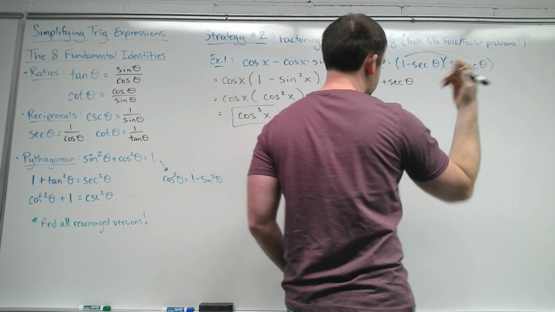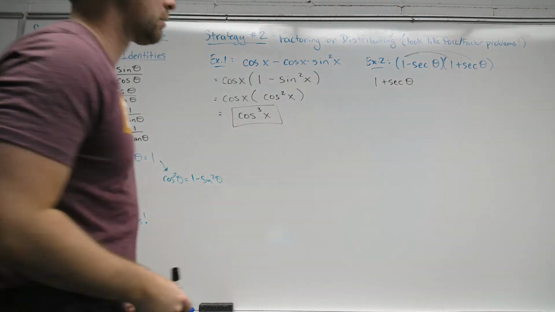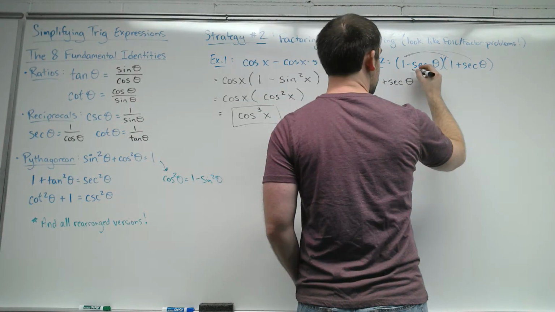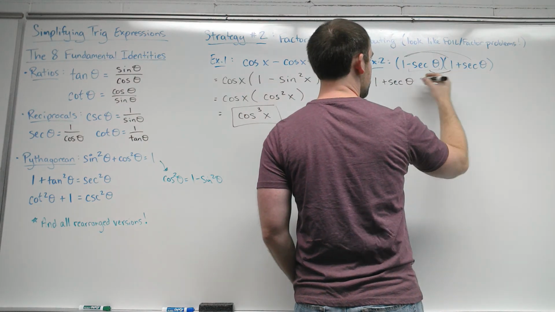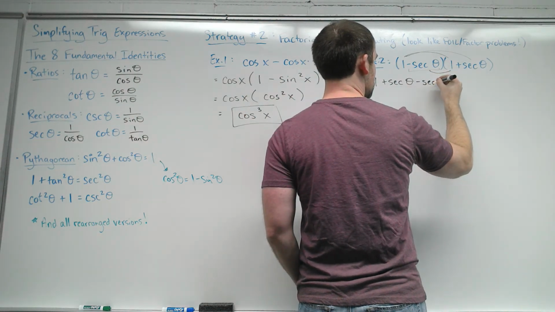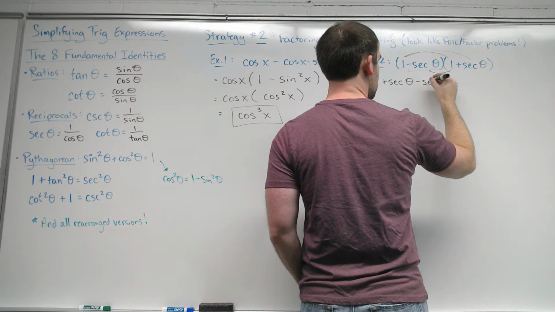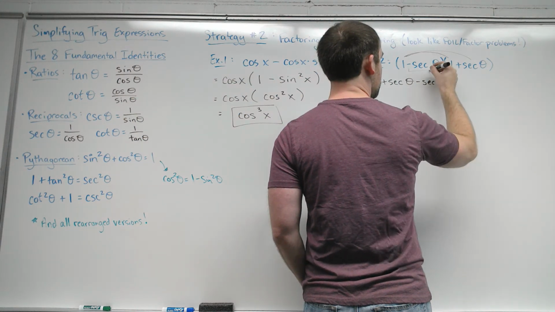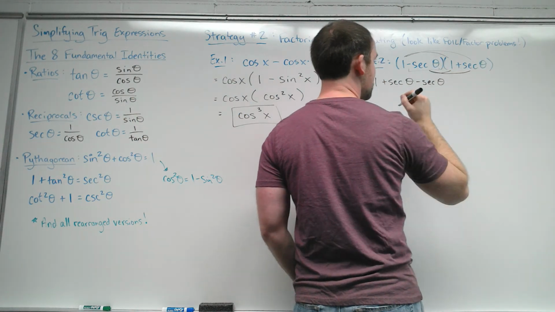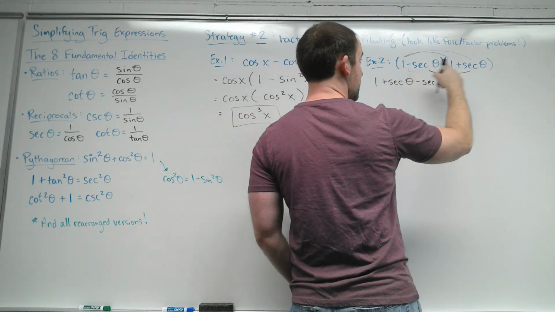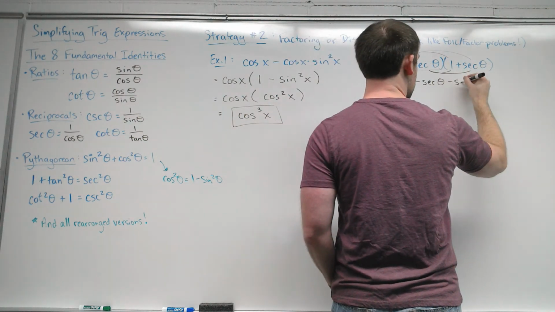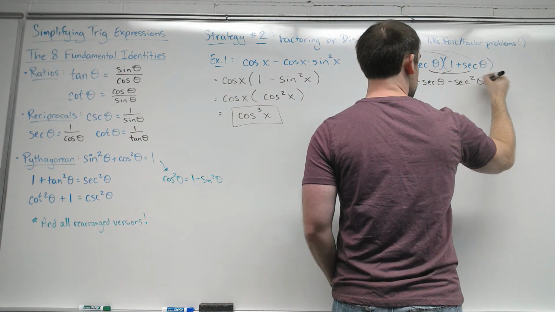So in this one we use theta, it doesn't really matter. Okay, and then I'm going to distribute the negative secant to both parts. So negative secant times 1 is negative secant. And then negative secant times positive secant. Negative times a positive is negative. Secant times secant is secant squared.